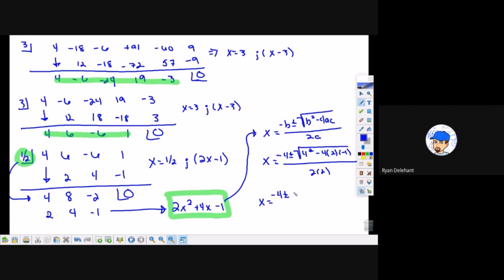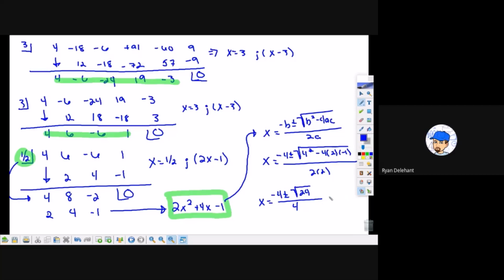So that's the square root of 24 over 4. It also means that we now have to deal with, can we simplify that square root? Are there any perfect squares of 24? It's a factor of 4, right? And 4 has a perfect square.